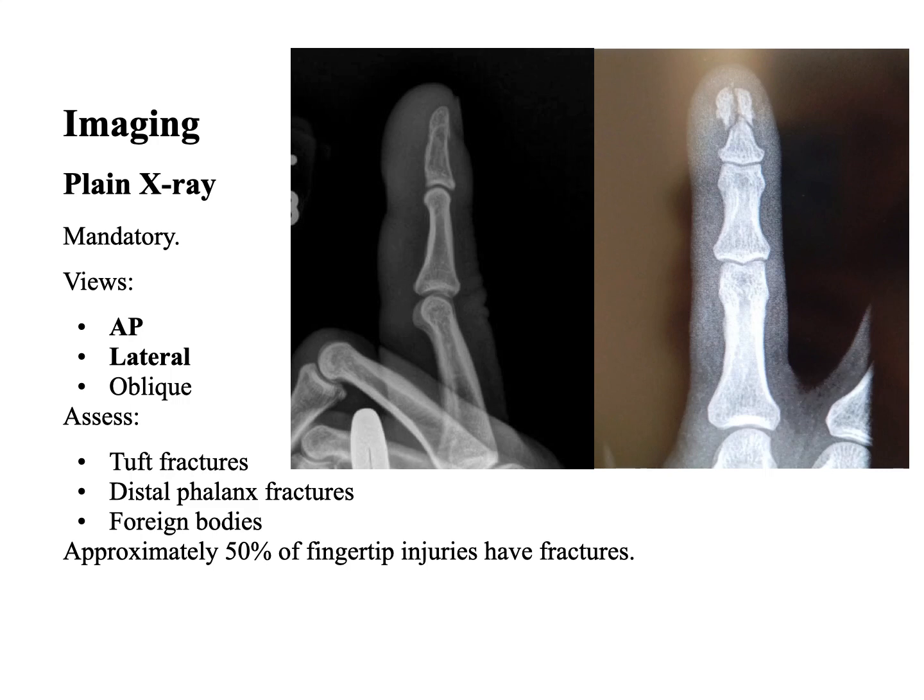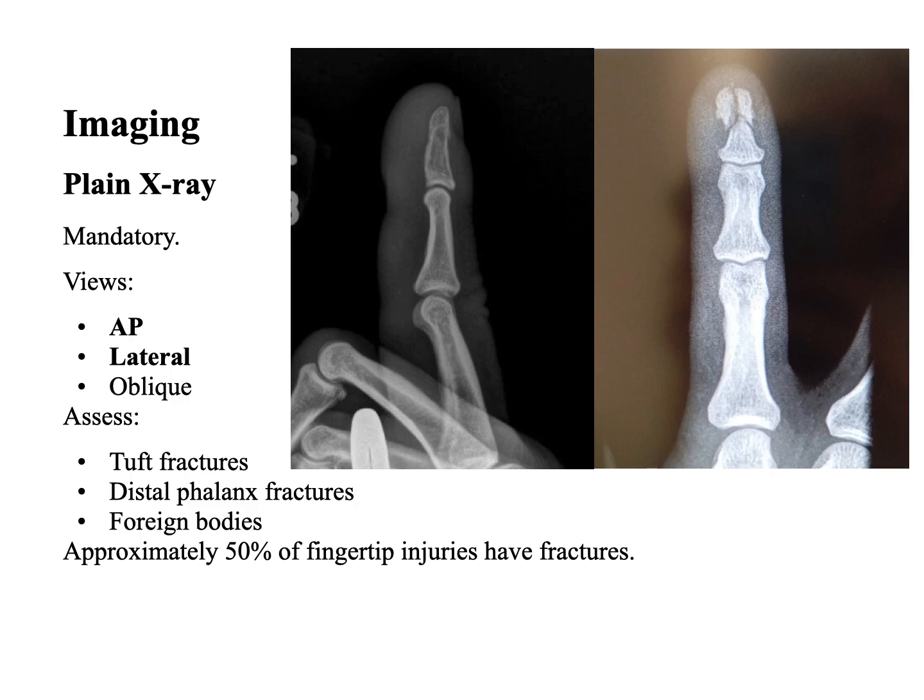Next, it is mandatory to do a plain X-ray. Sometimes you have a fracture in the distal phalanx and you just don't know, and you take it lightly. The patient comes after that with hook nail deformity or an angulated distal phalanx. The two must-have views are the AP or PA and the dead lateral.